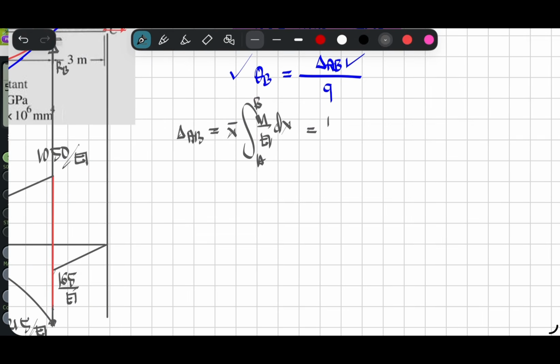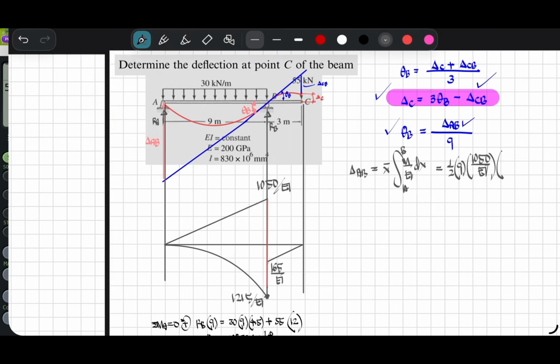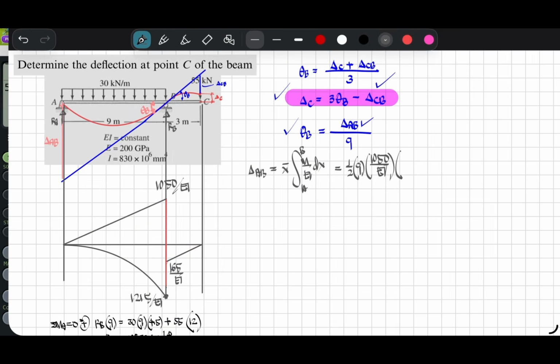Equals 1/2, base is 9, height is 1050 over EI, times its perpendicular distance about A. This is the deflection of A relative to B.